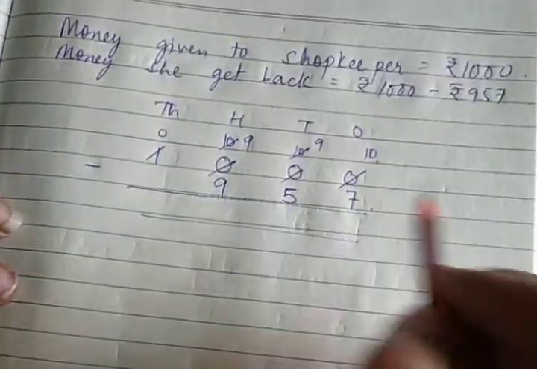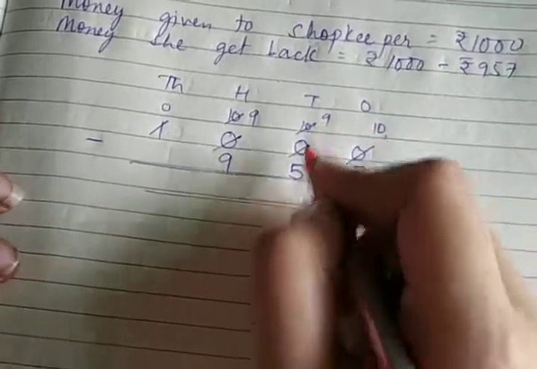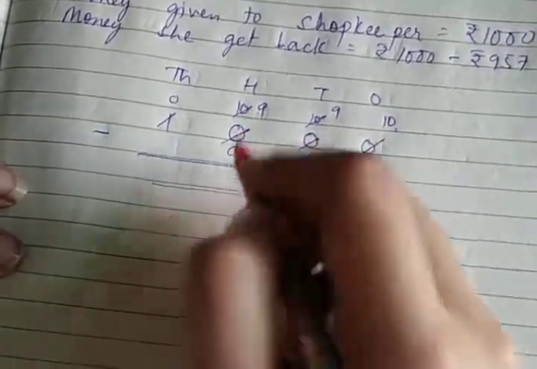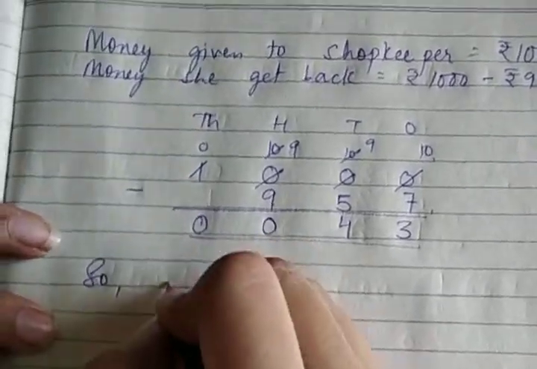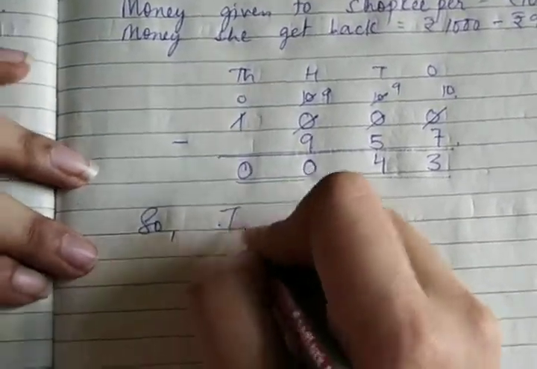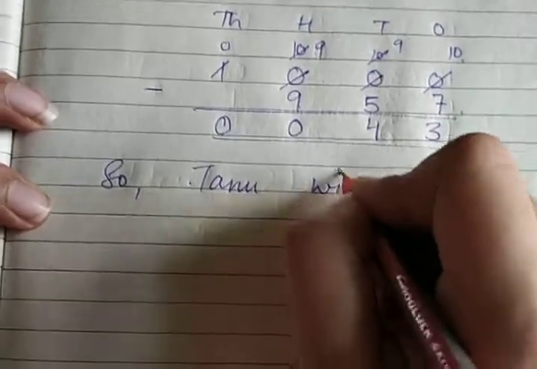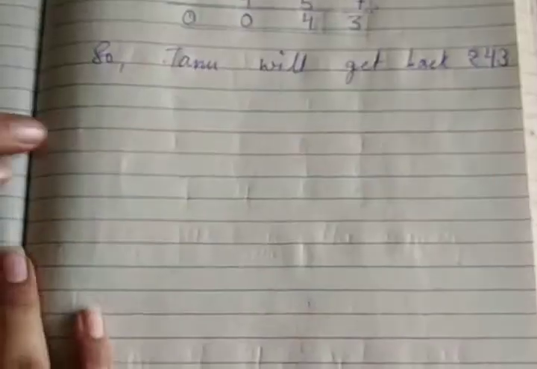Now 10 minus 7, 3. 9 minus 5, 4. 9 minus 9, 0, and here 0. So, Tanu will get back rupees 43. So, how much money will Tanu get back? She will get back rupees 43.